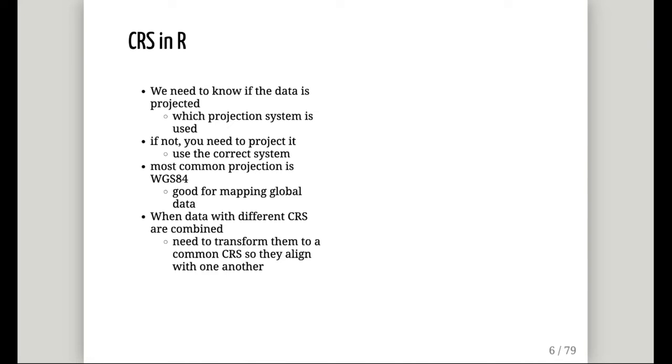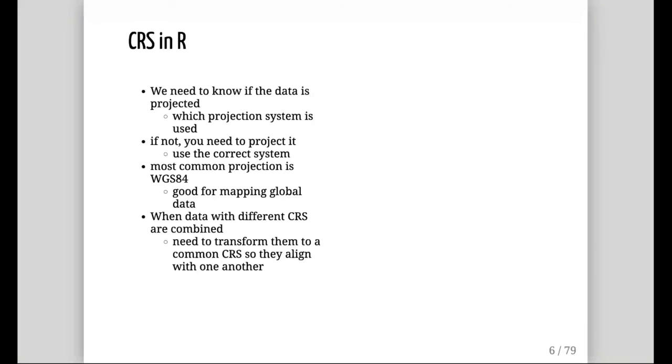And that usually you'll find from the source, wherever you download the data from, from a Met agency, anywhere. So the source should be able to tell you what the CRS is for the data. If the data is not projected, then you need to project it before mapping and use the correct system. There's a lot of theory that goes behind what correct system you have to use.